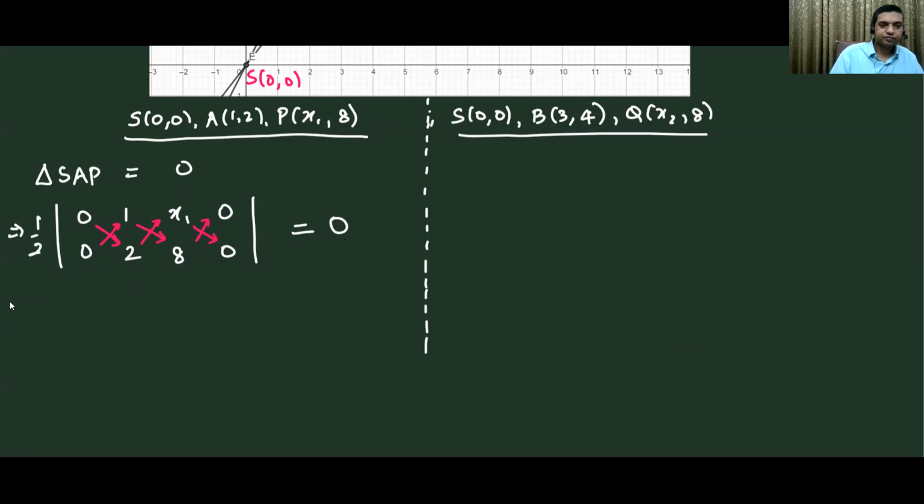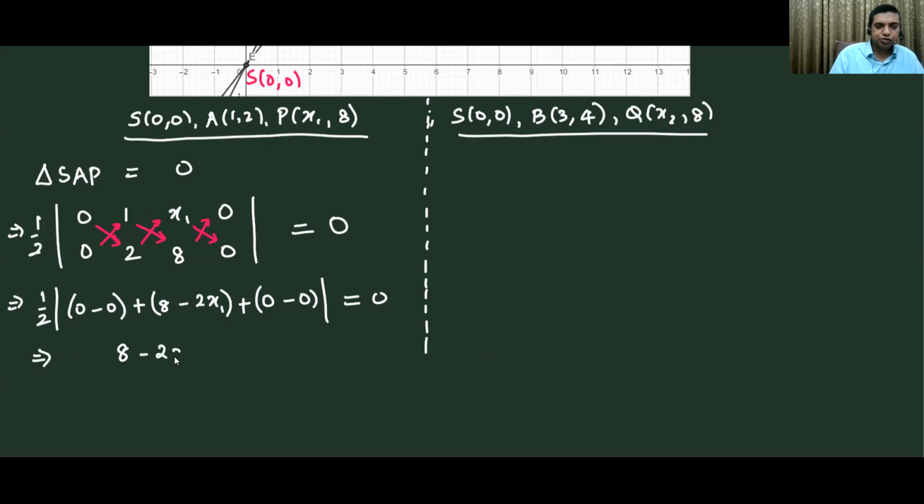So what do we get? Half times 0 into 2 is 0, minus 0 into 1 is 0, plus 1 into 8, 8, minus 2 into x1, plus x1 into 0 minus 8 into 0 is equal to 0. This implies 8 minus 2x1 equals 0, which implies 2x1 is equal to 8, x1 is equal to 4.